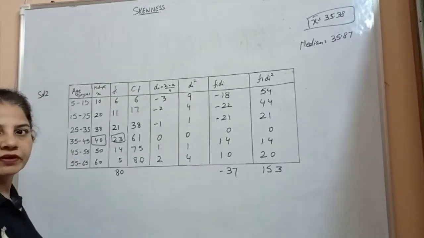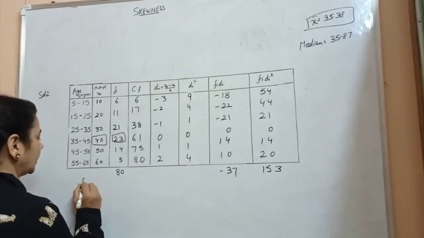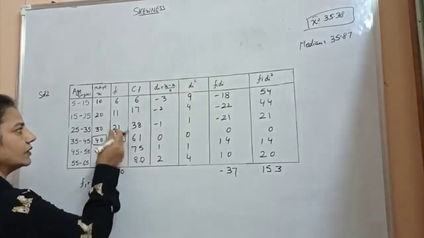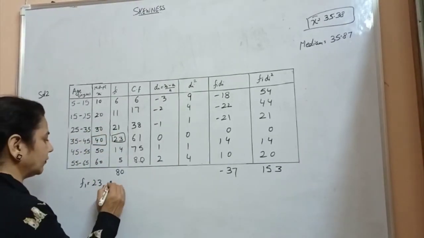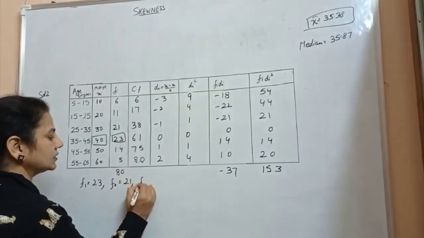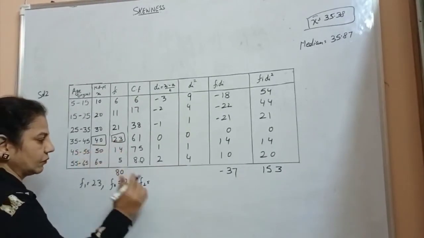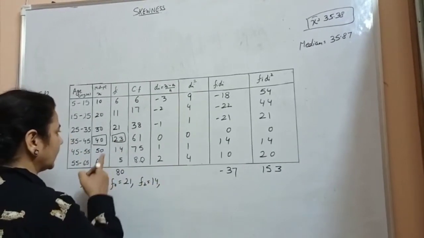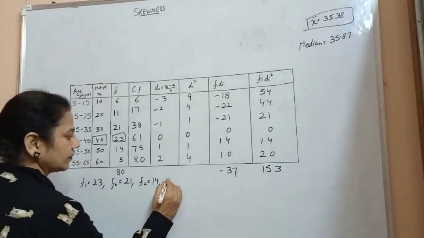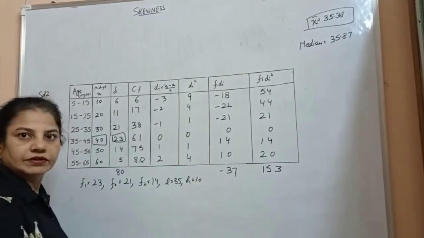First of all, we calculate the mode. For the mode I require the frequency f1, that is 23, and the frequency preceding the present frequency is f0, which is 21, and f2 is the frequency succeeding the present frequency, that is 14. Corresponding to this frequency, the lower limit L is 35 and h is the class width.